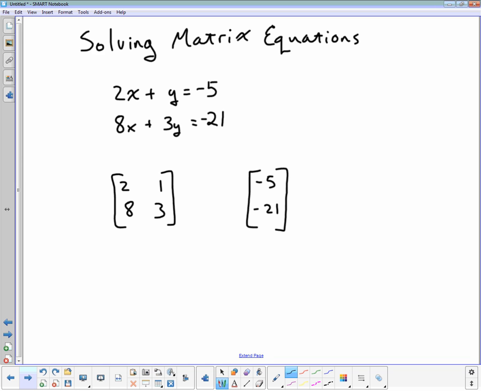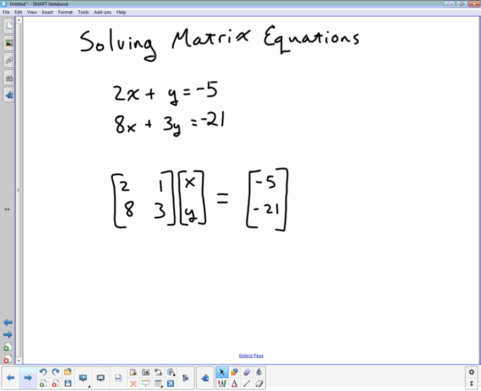Well, we can describe these using matrix multiplication. For example, if I do the following, now all of a sudden I've turned two matrices into a single equation.